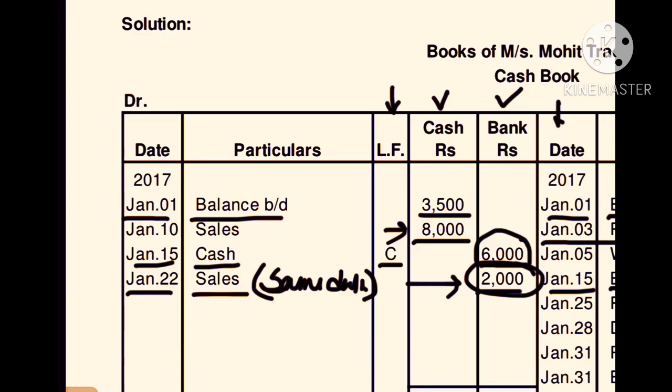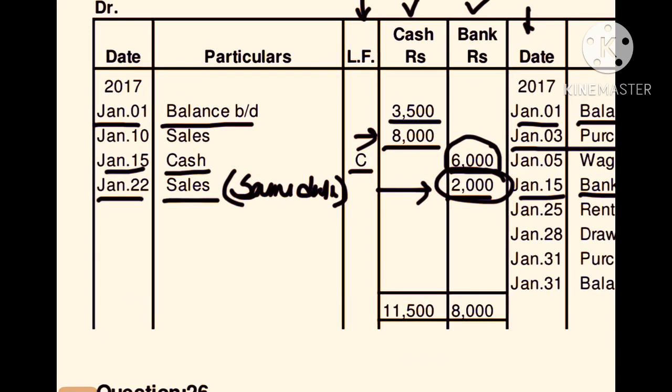Now, if you receive the check but deposit it on a future date, what happens? First, on the date you receive the check, you have to write the amount in the cash column, the same amount you receive.